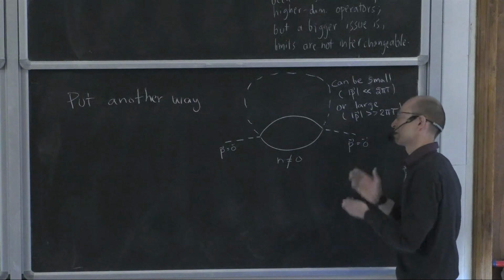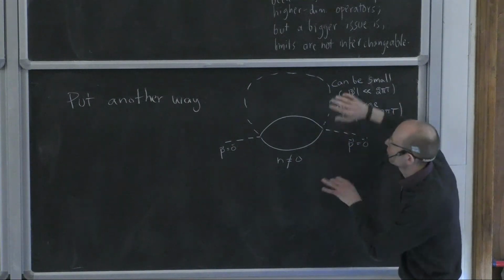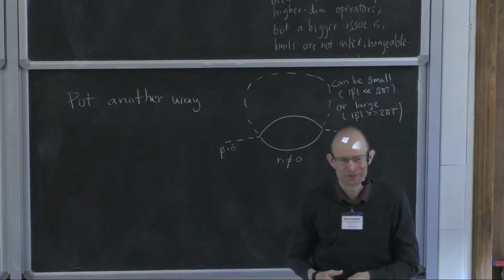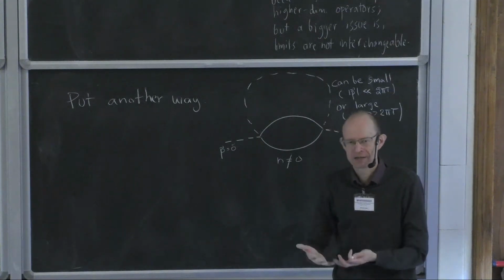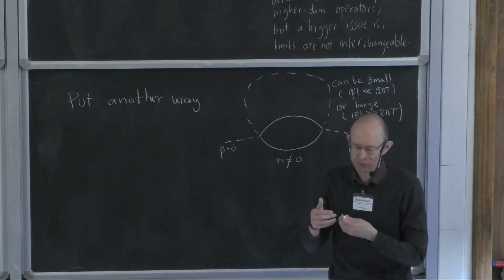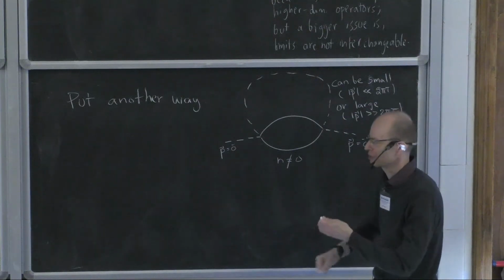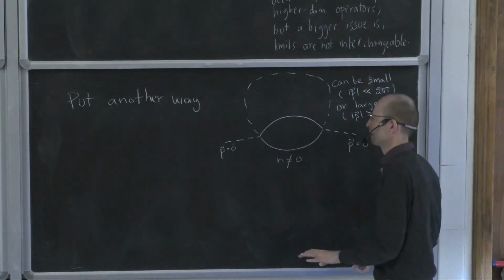So this means that at the end of the day, normally we cannot decide in advance whether it's important or not. We really have to compute this diagram exactly in the full theory and just look at what comes out, including all the momenta. And then afterwards we look at the result and decide where we can put the different pieces.